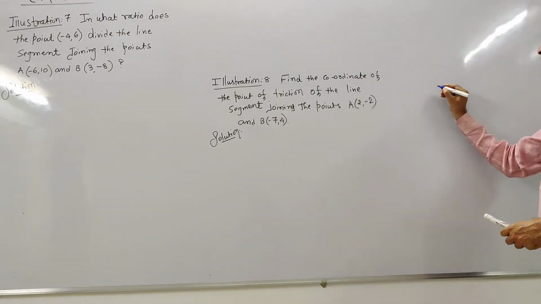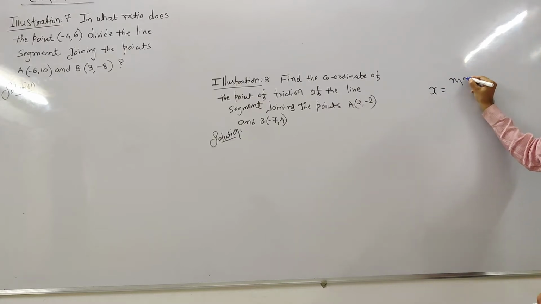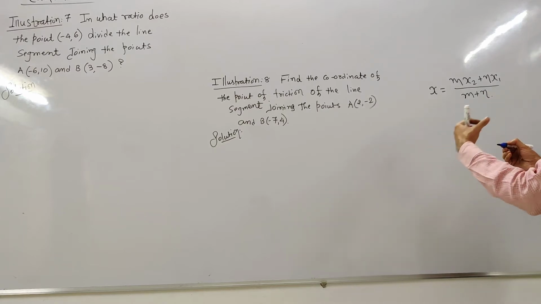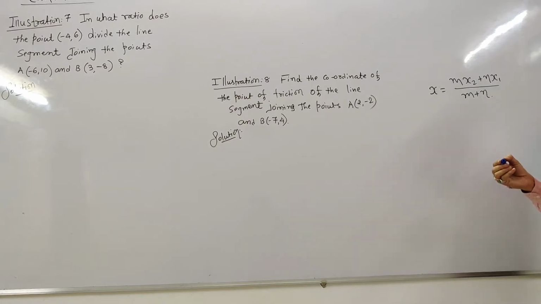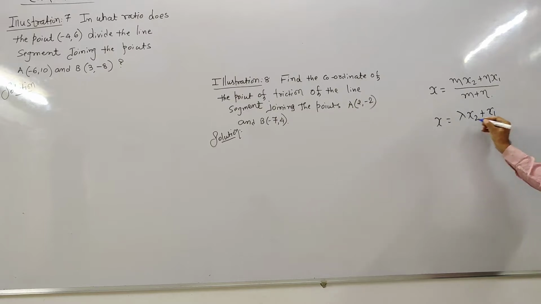According to the section formula, the coordinate of x is equal to (mx2 + nx1) upon (m + n). You can also write this formula using a different symbol, lambda. x is equal to (lambda x2 + x1) upon (lambda + 1).